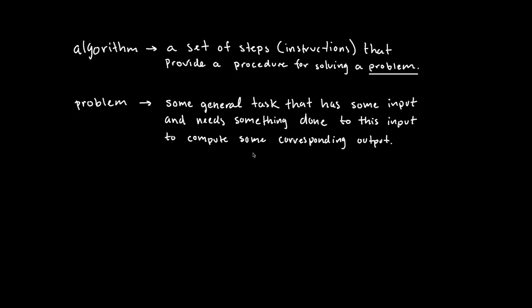And now that we know what we mean when we say problem, we have to ask ourselves, what do we mean when we say general task? The best way to describe a general task is to think about an example. Let's think about classical sorting problems. Say we have three numbers, A, B, and C. In this example, the general task is sorting.